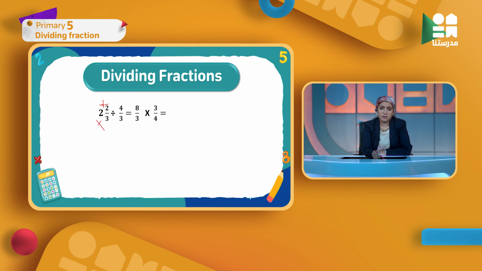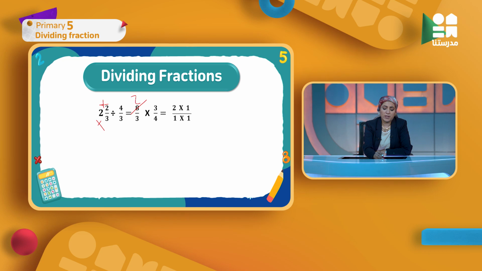Can I divide it by anything that can be divided by the 3? Does it have anything in common with the 3? No. I check the other denominator, 8 and 4. The 8, can I find anything in common between it and the 4? Yes. Both of them can be divided by 4. Both of them are in table 4. So I will simplify the 8 and the 4.